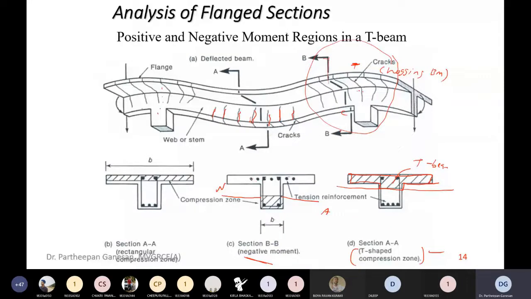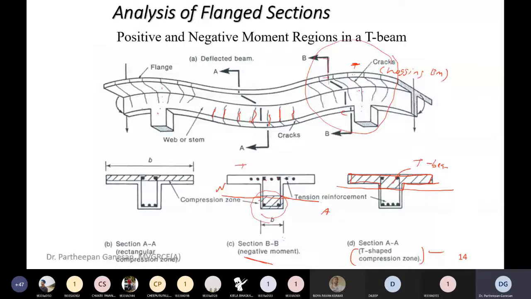Now your tension reinforcement will be provided here in the top. Now if you see the compression zone, which shape will it be designed as? Rectangular shape or T shape? Rectangular. So whenever you design a beam at an integrally fixed support, the slab is under tension, so all the concrete in tension is neglected.